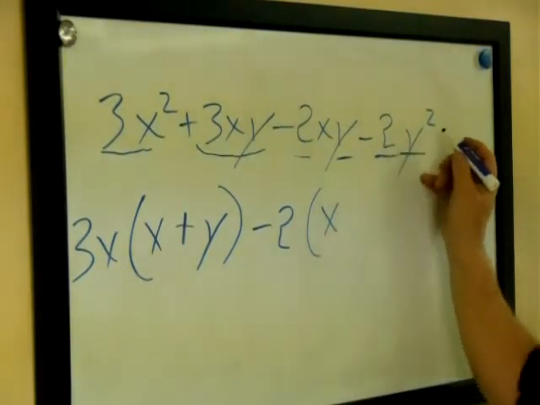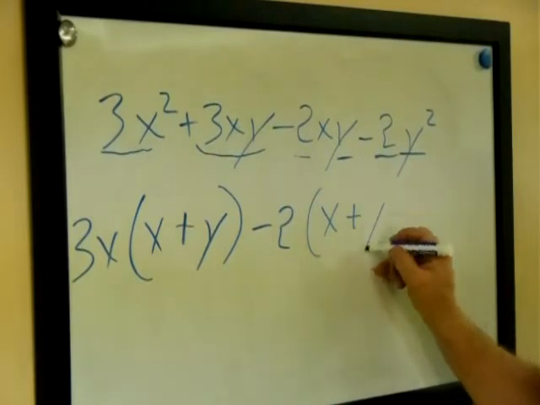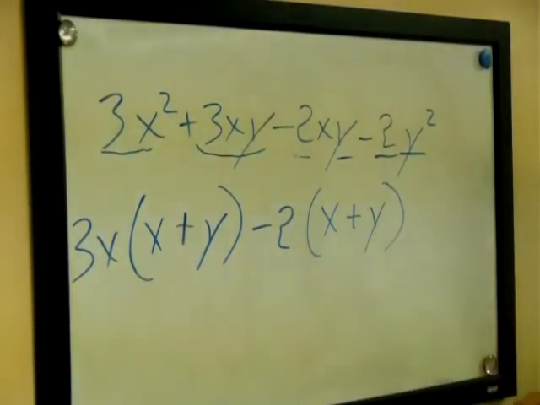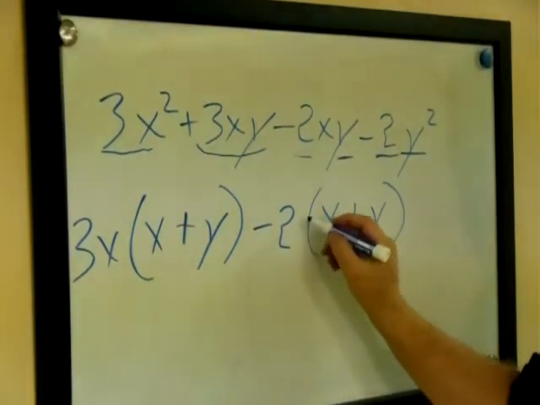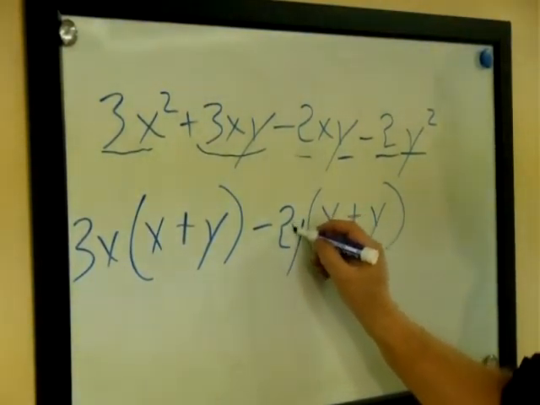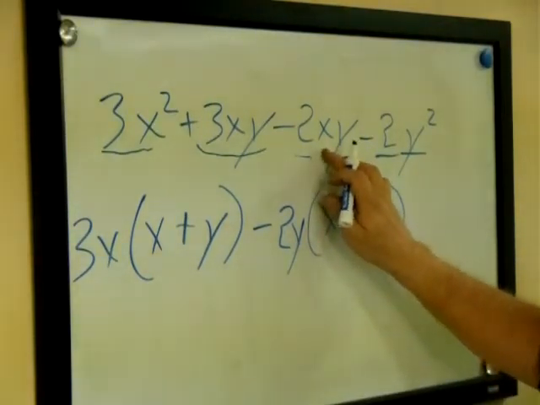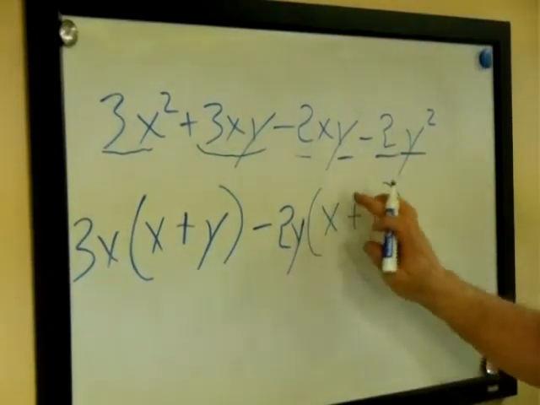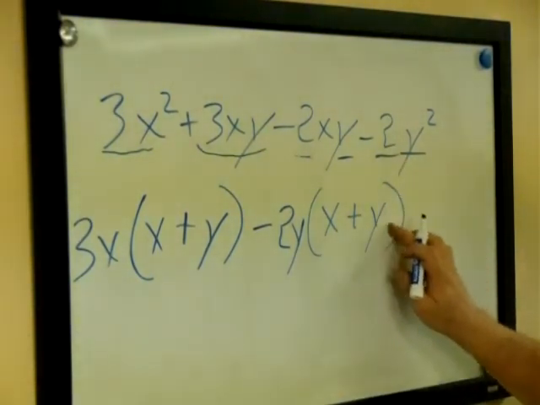And then minus 2y squared divided by minus 2y leaves me with just a y. Okay, so now I've taken the common factor, and this here should be a y, not minus 2. So I divided the minus 2y into this term, and I ended up with an x. I divided the minus 2y into this term, and I ended up with just a y.